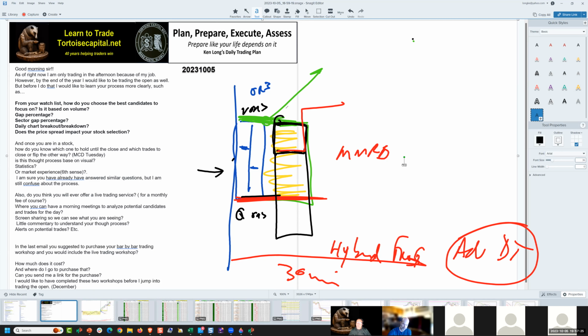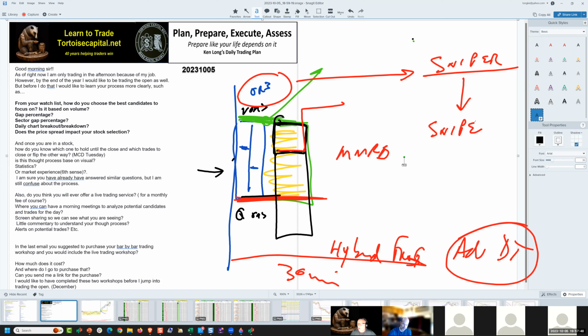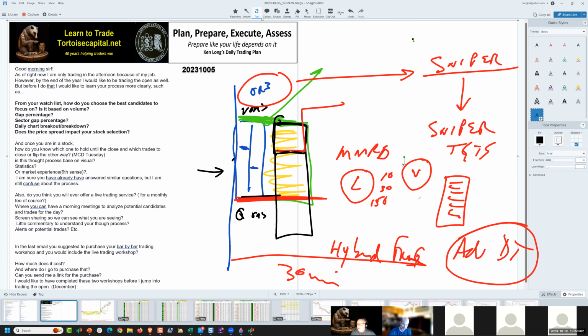Now, I don't teach that in the foundations course, and I shouldn't have explained it to you here, except that that's where you see me covering that every night in the sniper trade of the day, because this is integral to sniper trading for candidates that are sniper targets, which is a special form of watch list for things that have met certain criteria based on trade location over the last 10 days, 30 days, and 150 days, and the volatility based on 5-day relative volatility.